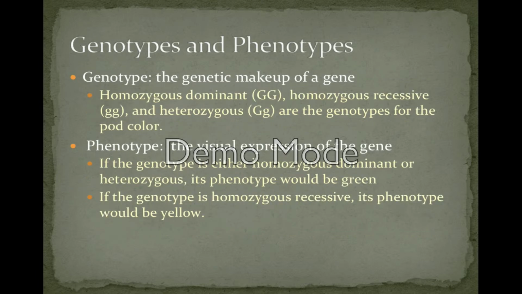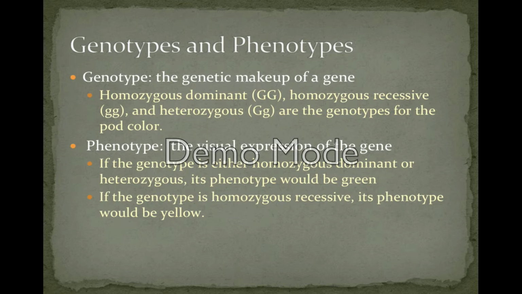Genotypes and phenotypes. Genotype is basically the genetic makeup of the gene. So what we were just talking about before, homozygous dominant, homozygous recessive, and heterozygous, they are the genotypes, in this example, for the pod color. So when you call something homozygous dominant, homozygous recessive, or heterozygous, you are letting them know the genotype of a specific gene.